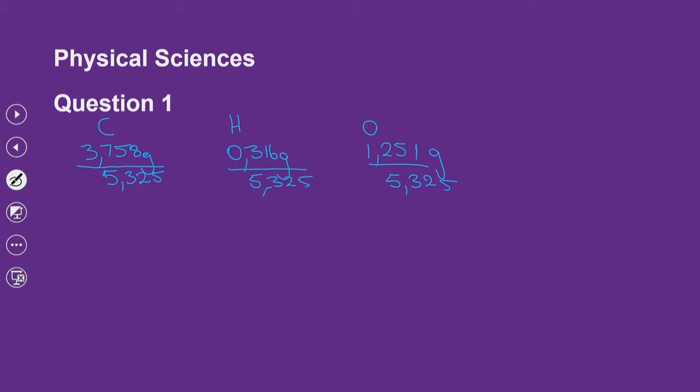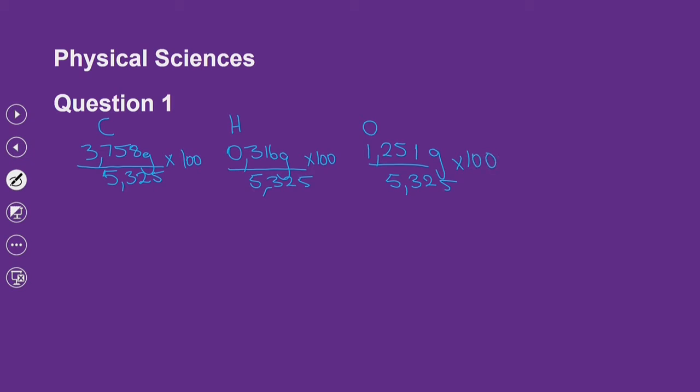All right? So in actual fact, we are calculating the percentage composition. So what percentage does carbon make up of our sample? And the same with hydrogen and the same with oxygen. So if we want to convert that to a percentage, we need to multiply by 100 for each of these.